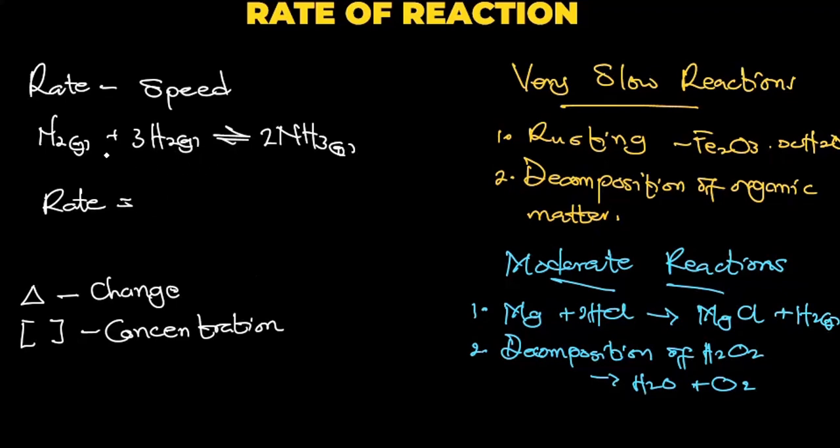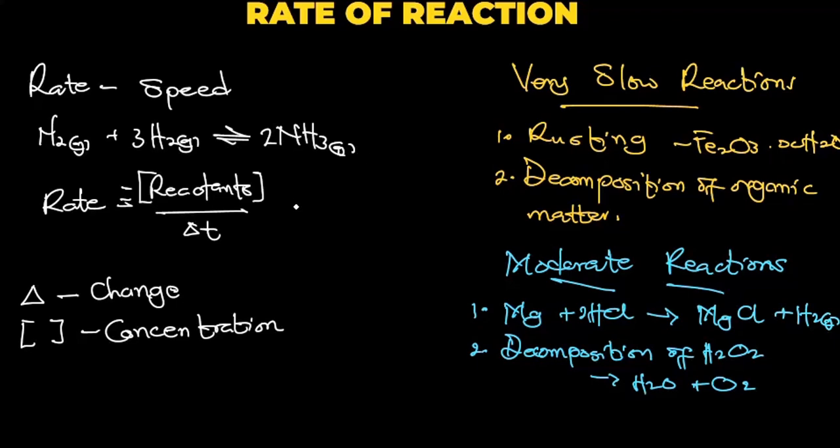So we can look at the change in concentration of any of these species, if it is reactants, over the change in time. This is looking at the change in the concentration with respect to time. If it is reactants, we would add a negative to the concentration to show that the reactant is being consumed, because as the reaction progresses, we expect that the concentration of the reactant will decrease.